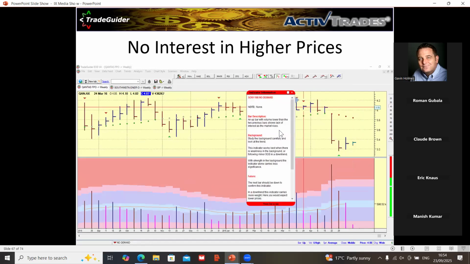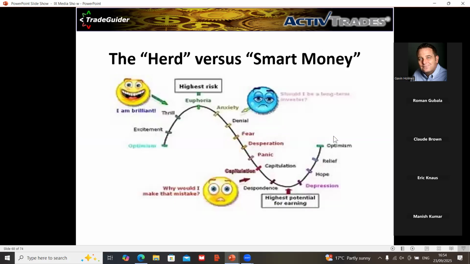Now, you look at it, and then you've got no demand into the same area as the end of a rising market. And look what happened. So, and I can show multiple examples of this. But this is the herd versus the smart money.